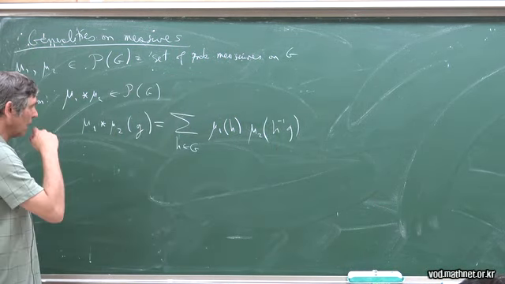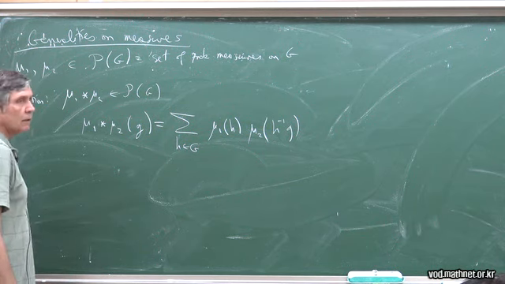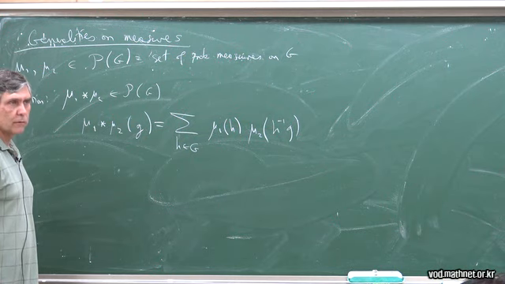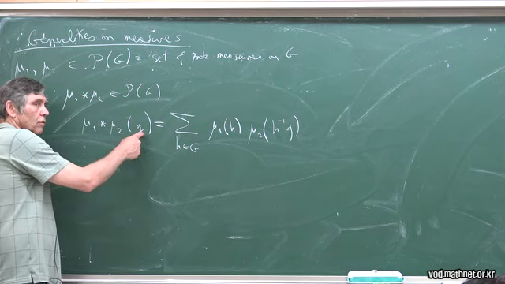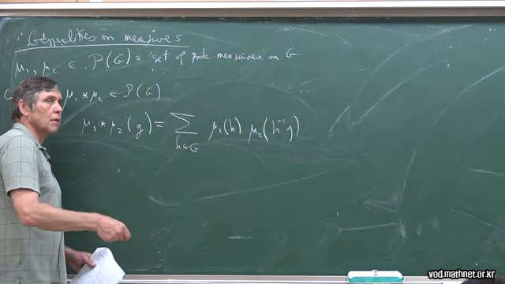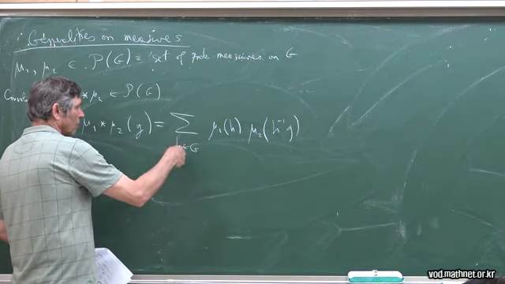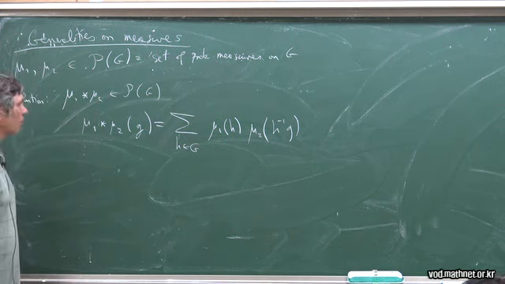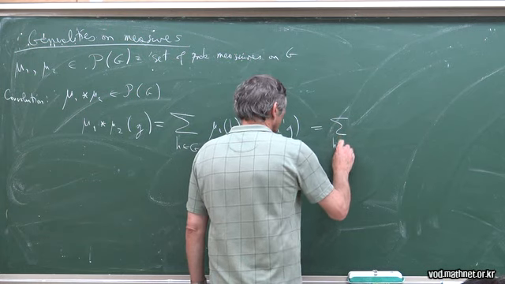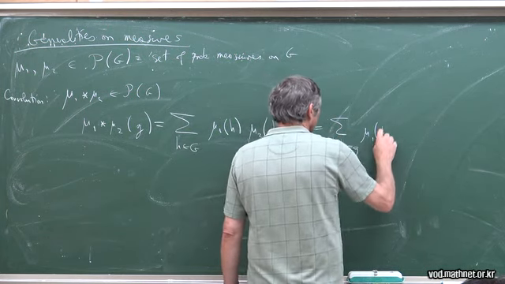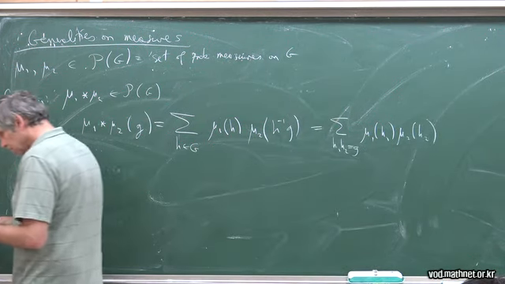You take a random first step according to the measure mu1, and then you take a random step according to mu2, and you want to know the probability of getting to G. So the first step is H, and you have to sum over all possible first steps. And this is of course the same as the sum over H1 H2 equals G of mu1 of H1 times mu2 of H2.